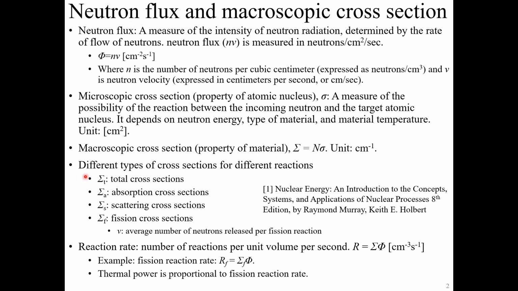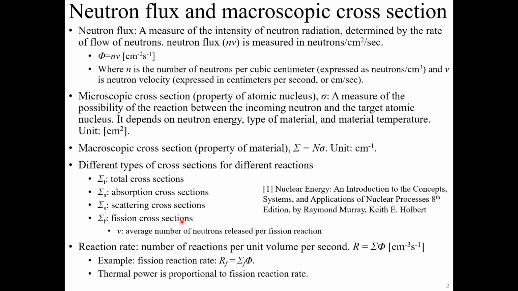There are different types of cross-sections for representing different reactions. For example, we have the absorption cross-section, where the neutron is absorbed by the target material, and also the scattering cross-section, and also the fission cross-section, which represents the reaction possibility to trigger the fission reaction.